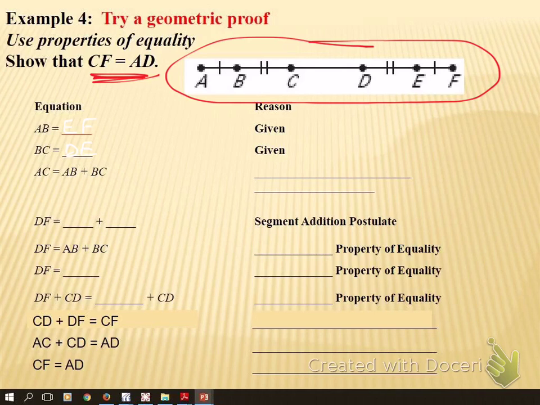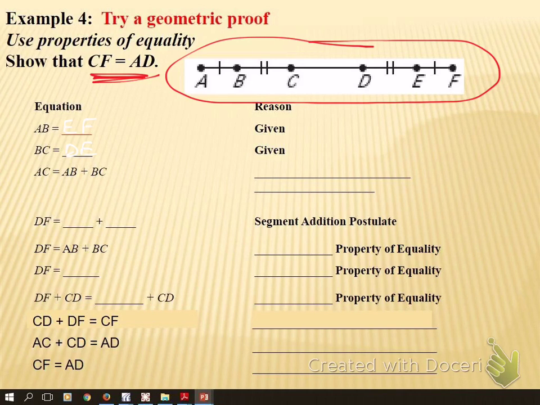Now, our next statement, the statement we're going to write, will either come from the diagram, or it will come from a definition, theorem, corollary, postulate, property. Or it might come from the statements that we wrote down before it. Okay, here, this one's going to come from the picture.